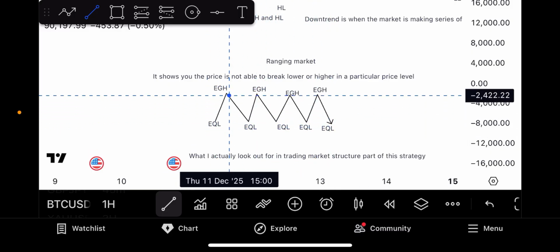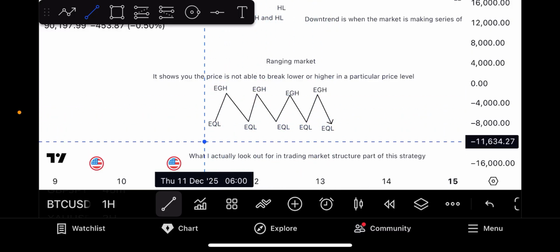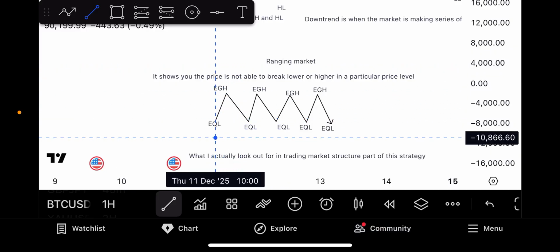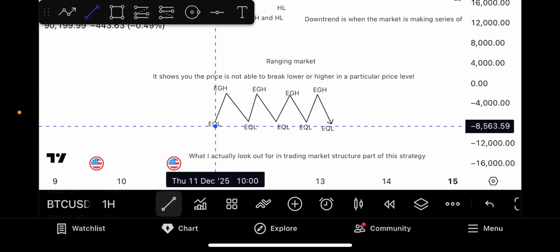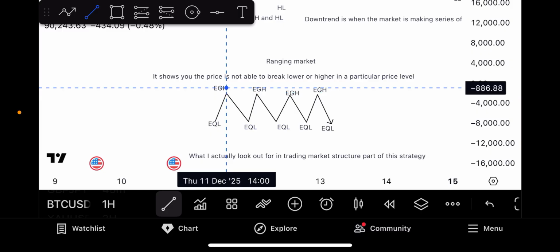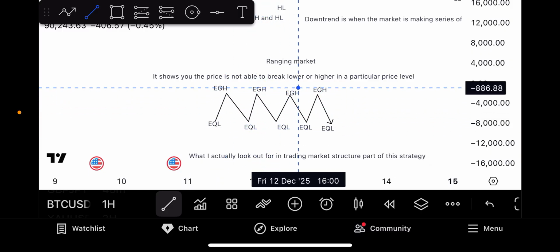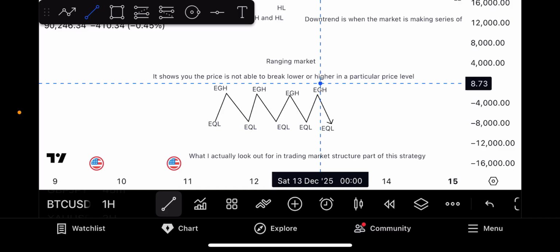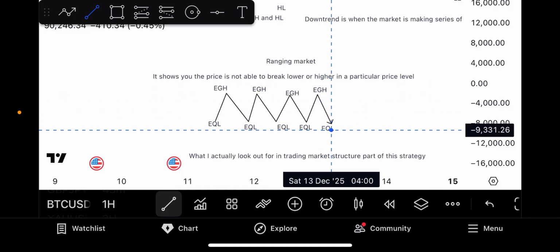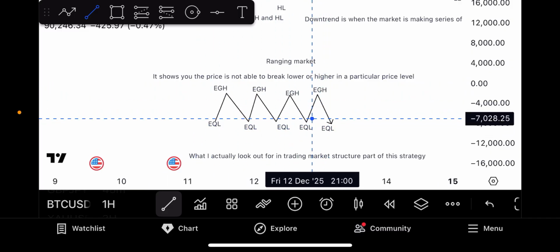Price is not able to break downwards nor upwards, making a series of equal low, equal high, equal low, equal high. This is a ranging market.